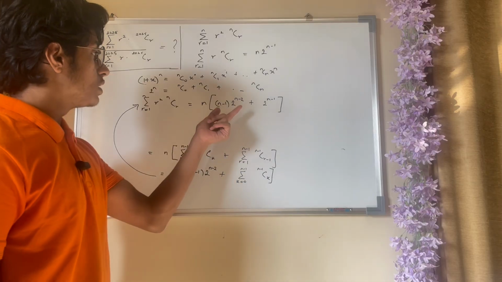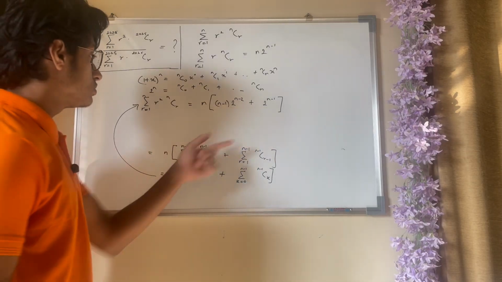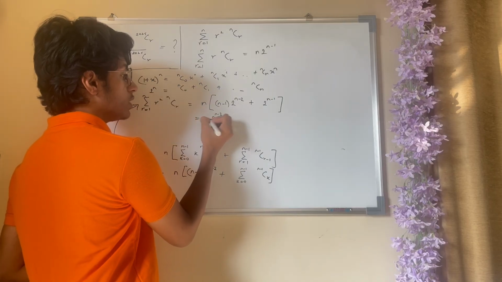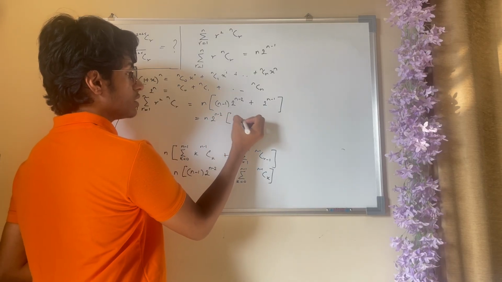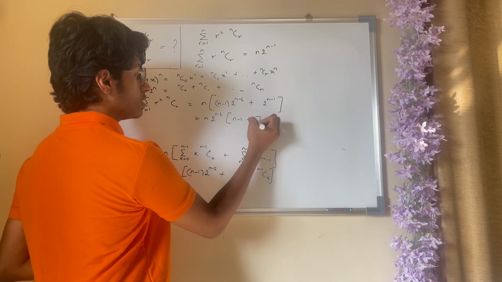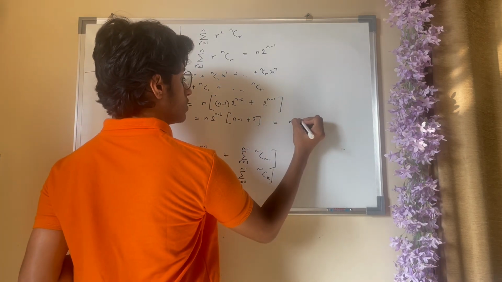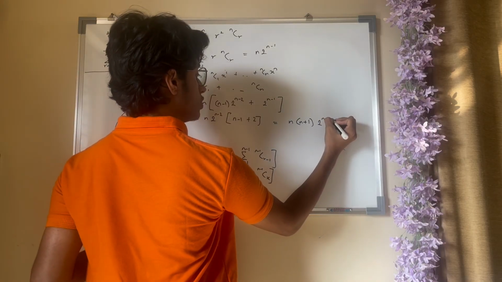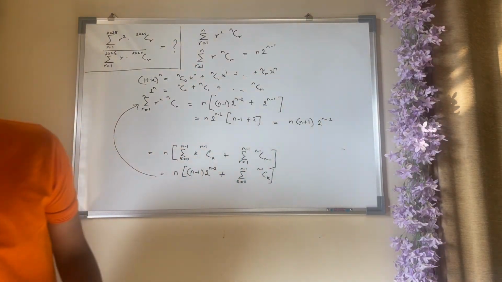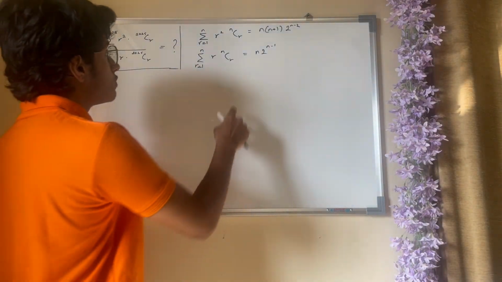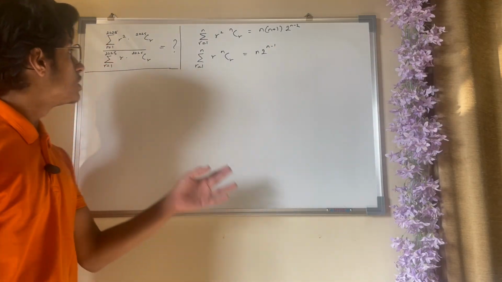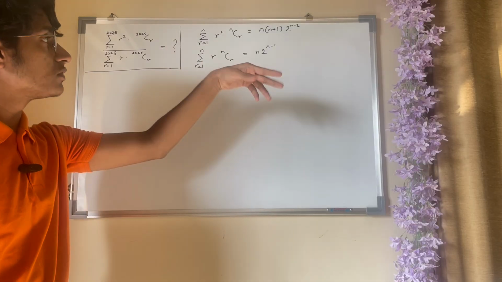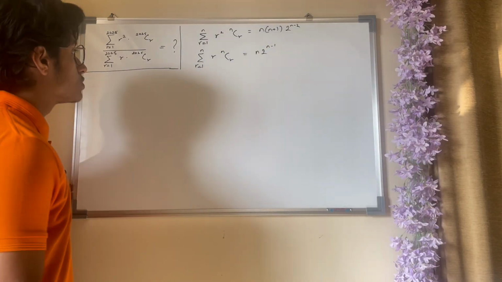Now taking 2 power n minus 2 common from both terms, we get n into 2 power n minus 2 into (n minus 1 plus 2), that is n into (n plus 1) into 2 power n minus 2. Now that we have the value of both of these summations, let's divide this by this, and afterwards we will substitute the value of n as 2025.